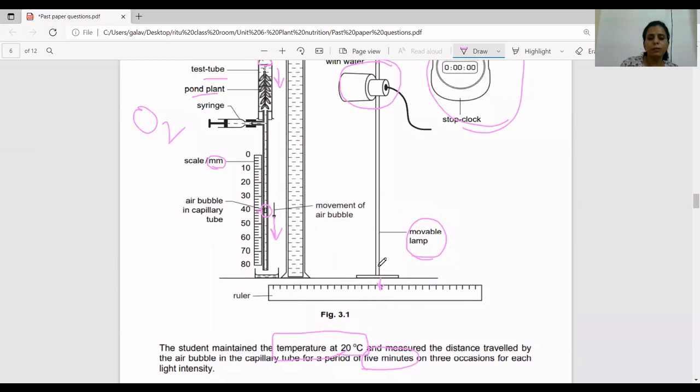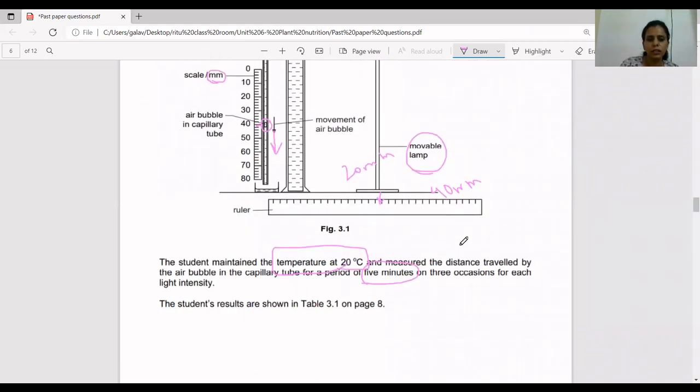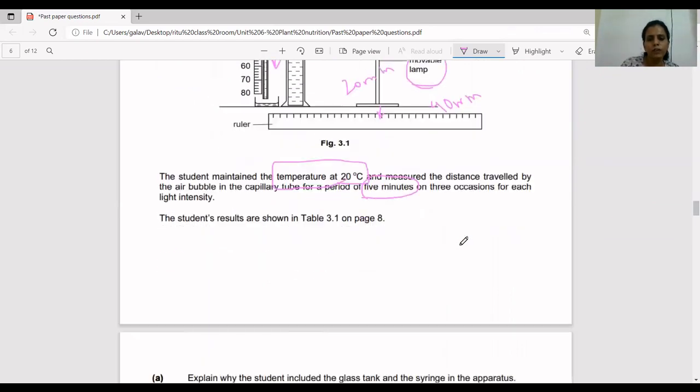For example, if this lamp is kept at a distance of 20 millimeter from the experimental setup, at this distance the student has taken a reading for 5 minutes. When the student has moved to the next distance, for example 40 millimeter, again at this distance the student has taken a reading for 5 minutes. That means at every distance the student has taken a reading for 5 minutes.